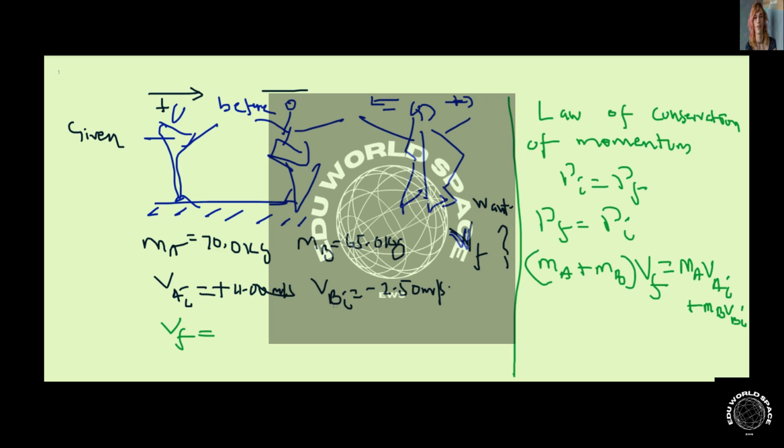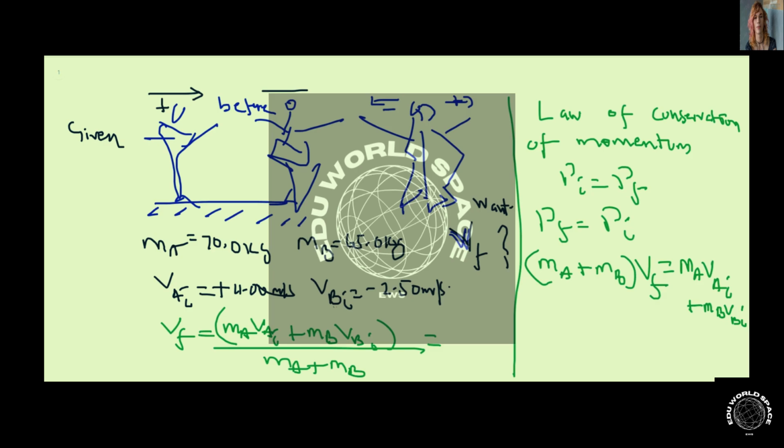If we solve for that, we get MA VAI, the momentum of the first skater, plus MB VBI, and then we divide both sides by mass of A plus mass of B.